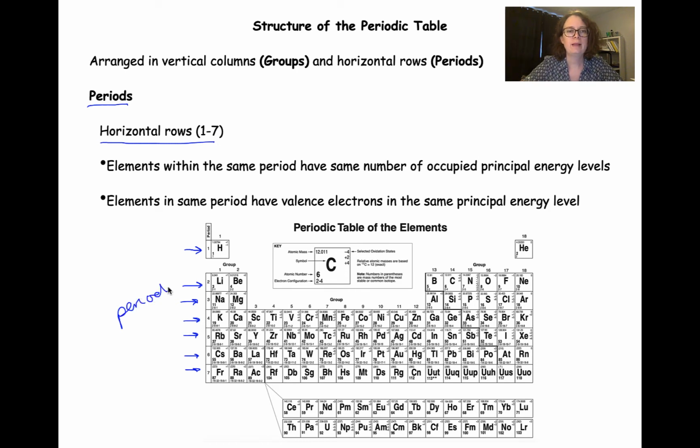And elements in the same period have the same number of occupied principal energy levels for their electrons, and their valence electrons are all in the same principal energy level. So all of the elements in period 2 have valence electrons in n equals 2. So they're organized also by their valence electrons.